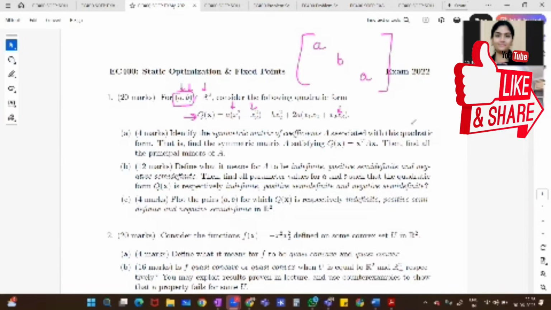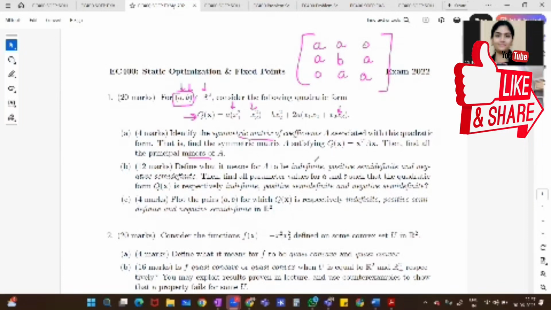A, B, A is my principal diagonal. Next to it, 2a. Perfect. So this part is done. Then it is asking me to find the principal minors of the symmetric matrix.